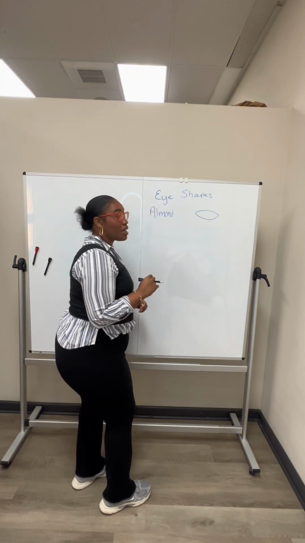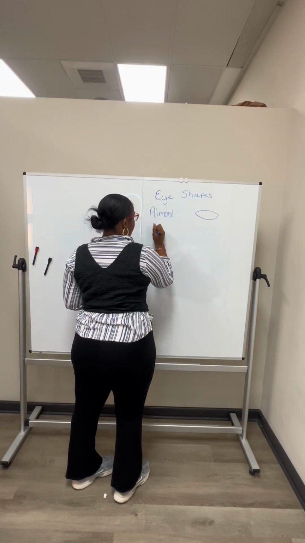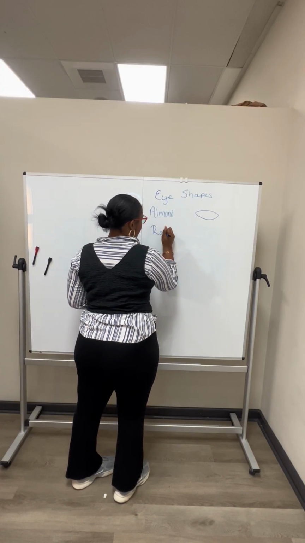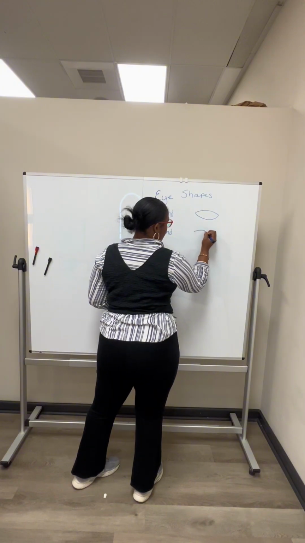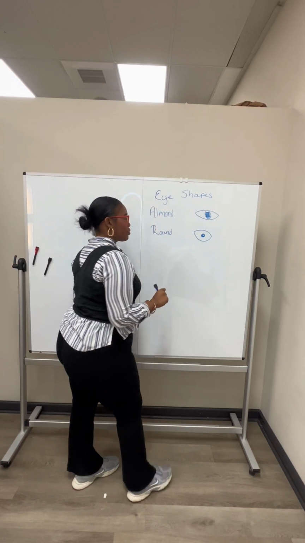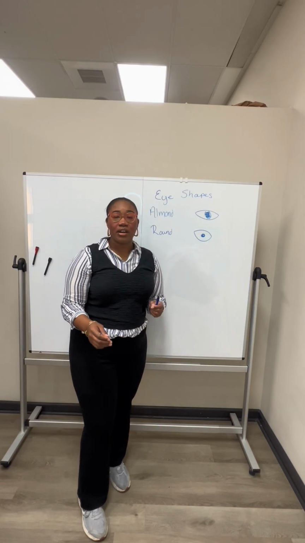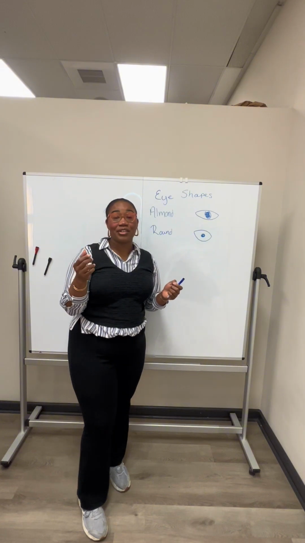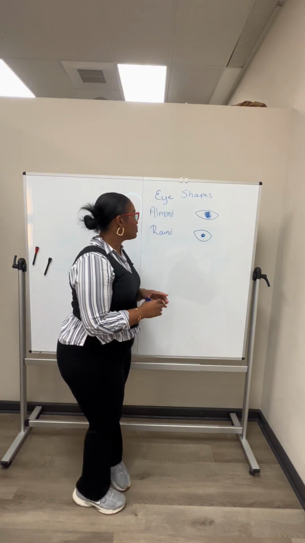The next shape eye is going to be round. A round shaped eye is where the eyes are bigger and you can see a lot of white surrounding the pupil.